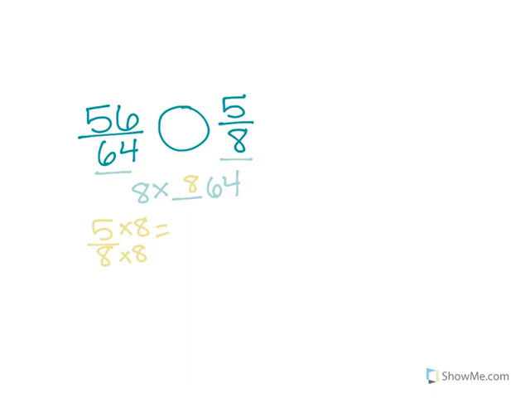And I want to do this so I can get both denominators to be 64. 8 times 8, 64. 5 times 8 is 40. So I now have my new equivalent fraction for 5/8. So I can replace that 5/8 with this 40/64.